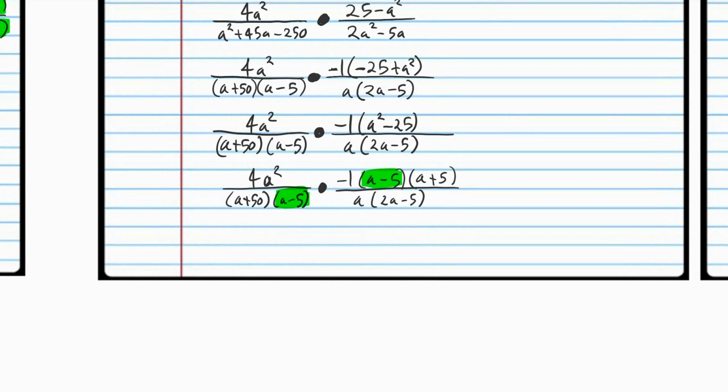Alright, so multiply straight across, negative 4a squared times a plus 5. Actually, we've got an a squared and an a, so 2 minus 1 is 1. So we have a negative 4a, not negative 4a squared.